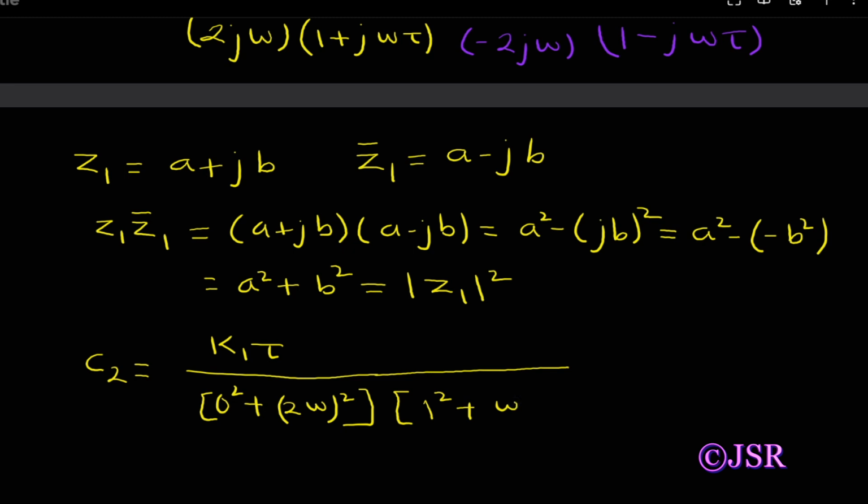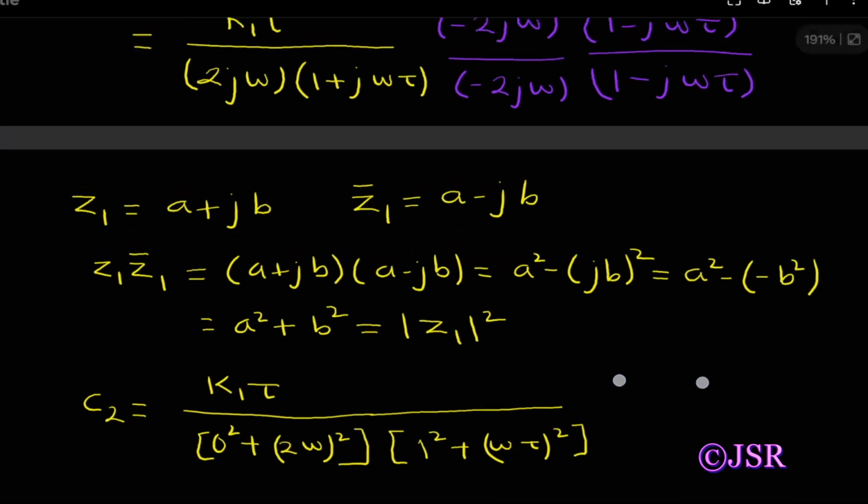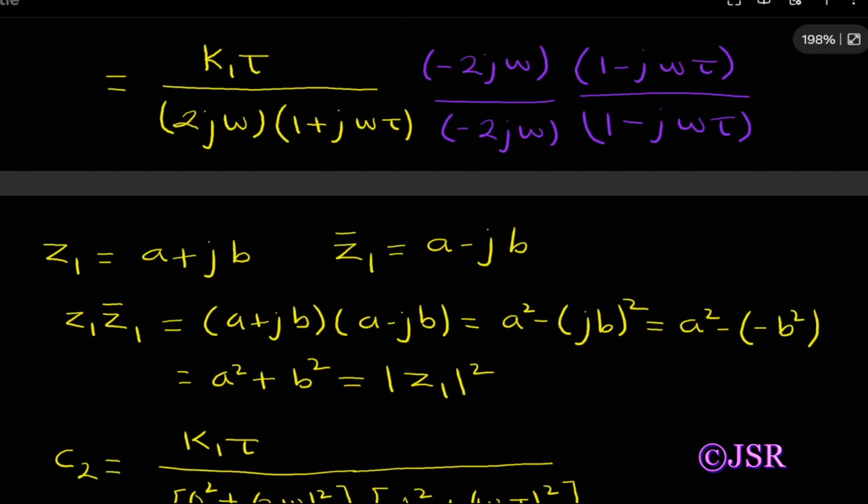Similarly, in the second term we will have 1 square plus (omega tau) whole square, and in the numerator we will have minus 2j omega.